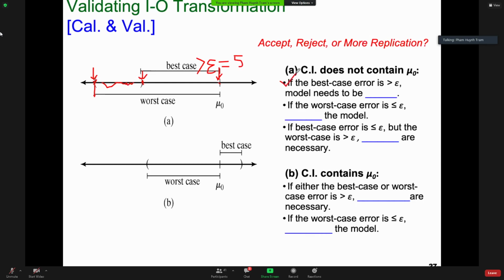Now, case number two. If the worst case error is smaller than epsilon, what should we conclude about our model? The worst case error is smaller than epsilon.